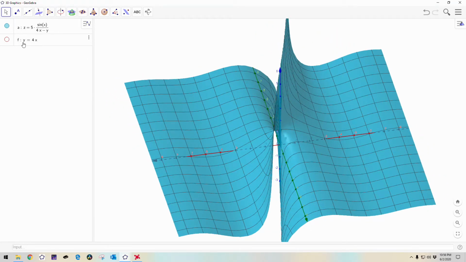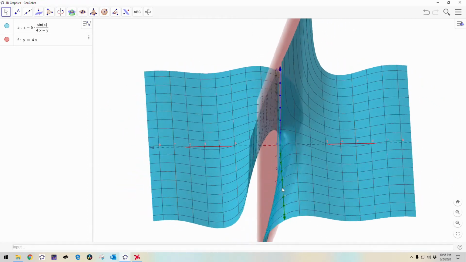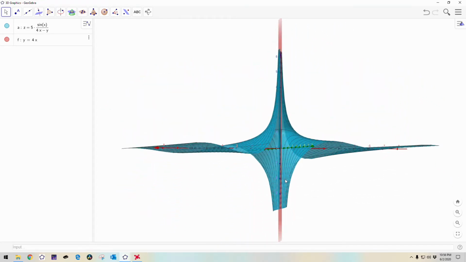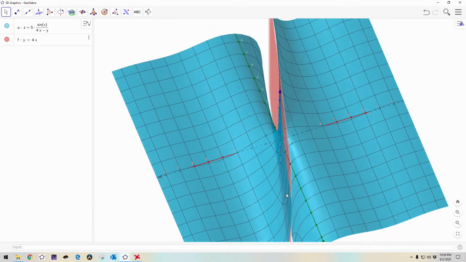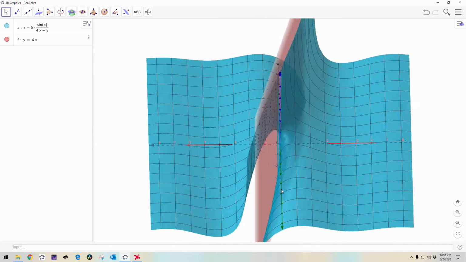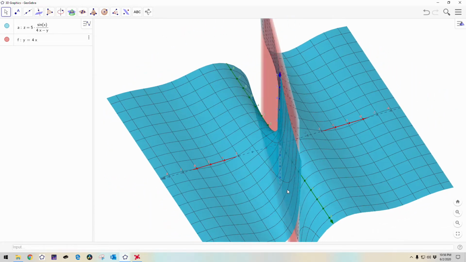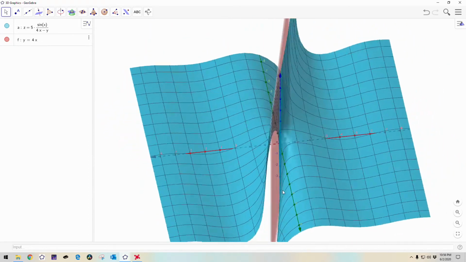In fact, if I take y equals 4x, remember that makes a plane in this 3D space. The plane y equals 4x looks like that. And if you look really closely, you can see that that plane constitutes a vertical asymptote set of points and asymptotic behavior there. It doesn't actually touch this plane ever, right? Because it can't.